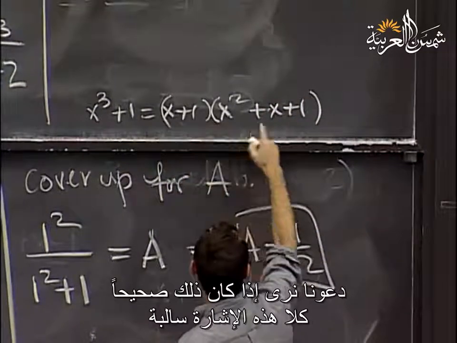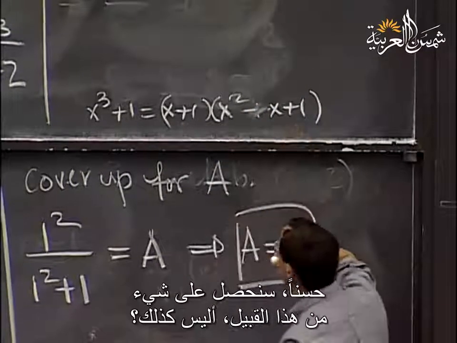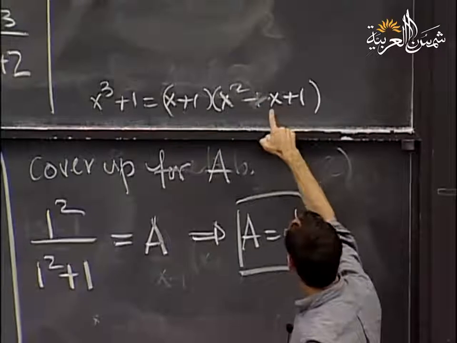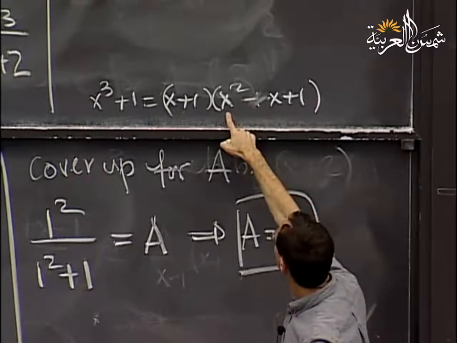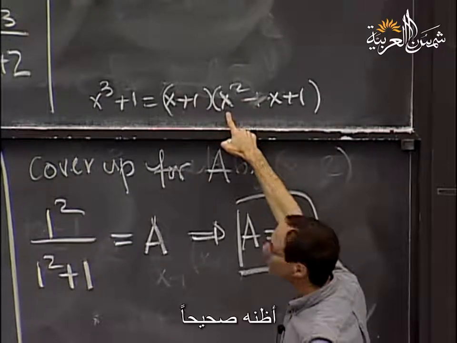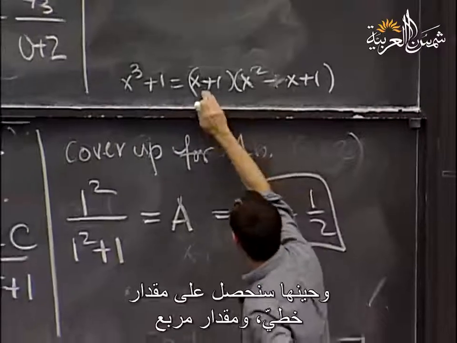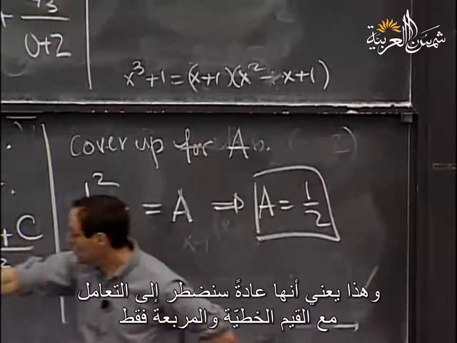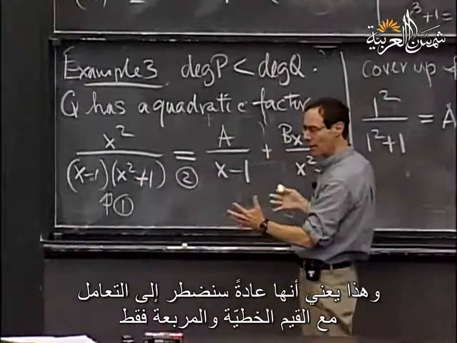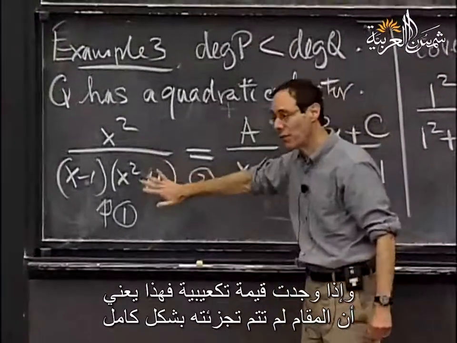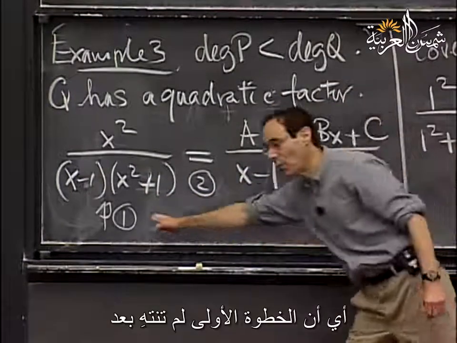There must be a minus sign in here maybe. I think this is right. But anyway, the point is you have to factor it. And then you have a linear and a quadratic. So you're always going to be faced eventually with linear factors and quadratic factors. If you have a cubic, that means you haven't factored sufficiently. So you're still back in step 1.